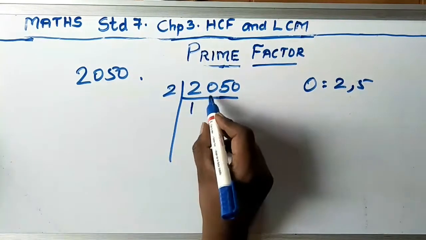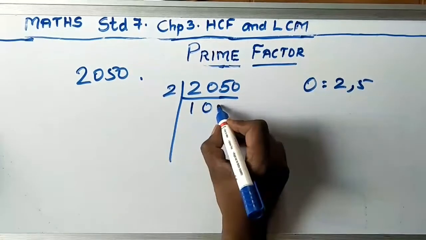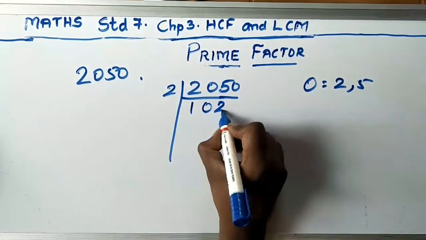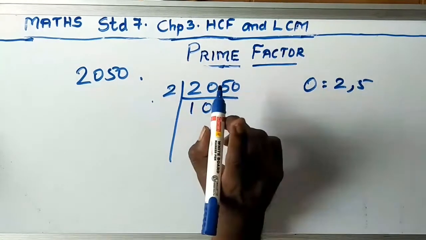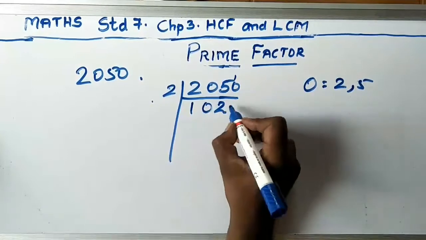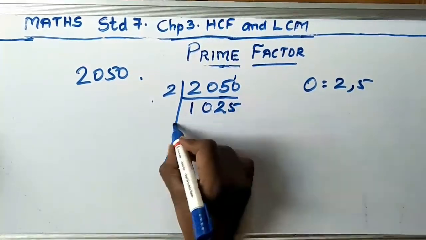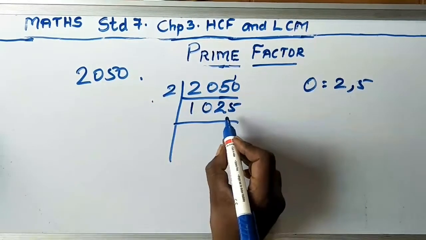Then 0, 2 0s are 0. 5. 2 2s are 4. So 1 is remaining. Carry forward here. It becomes 10. Then 2 5s are 10. 2 into 5, 10. It becomes 1025.